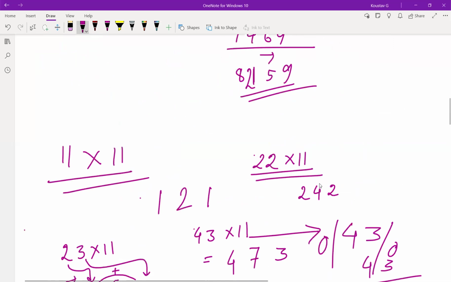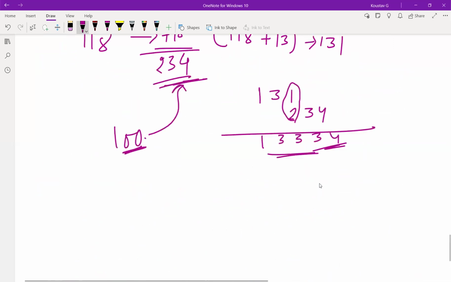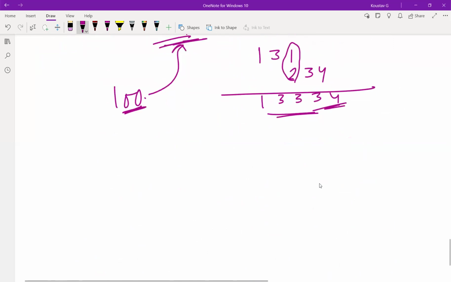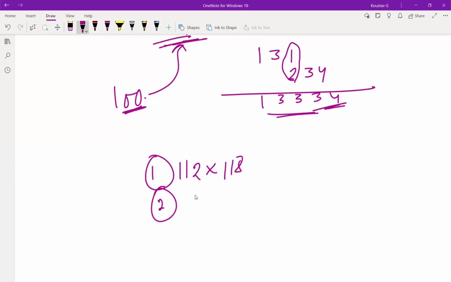Before that, you have to practice a lot for this. That's why I'm giving you other questions. Practice 112 multiplied by 118. Second, 111 multiplied by 113.